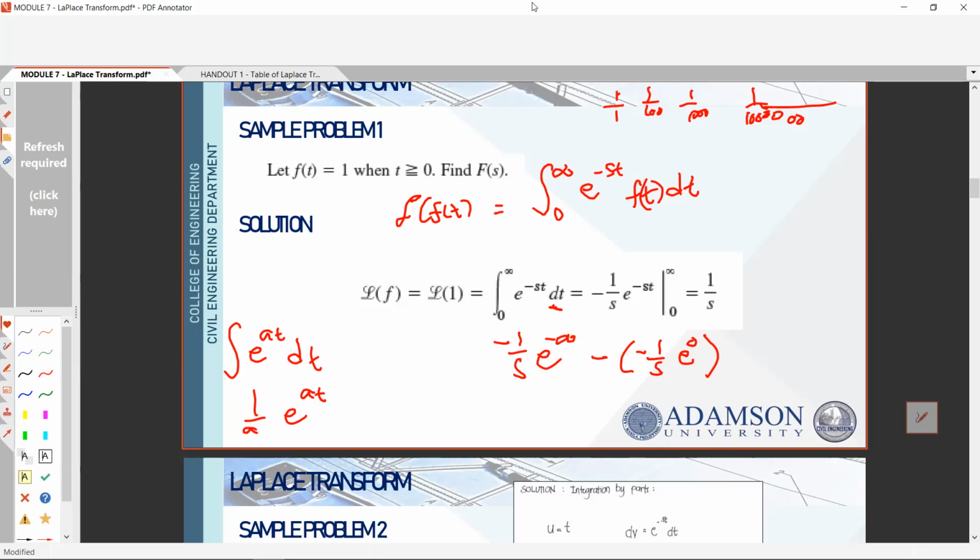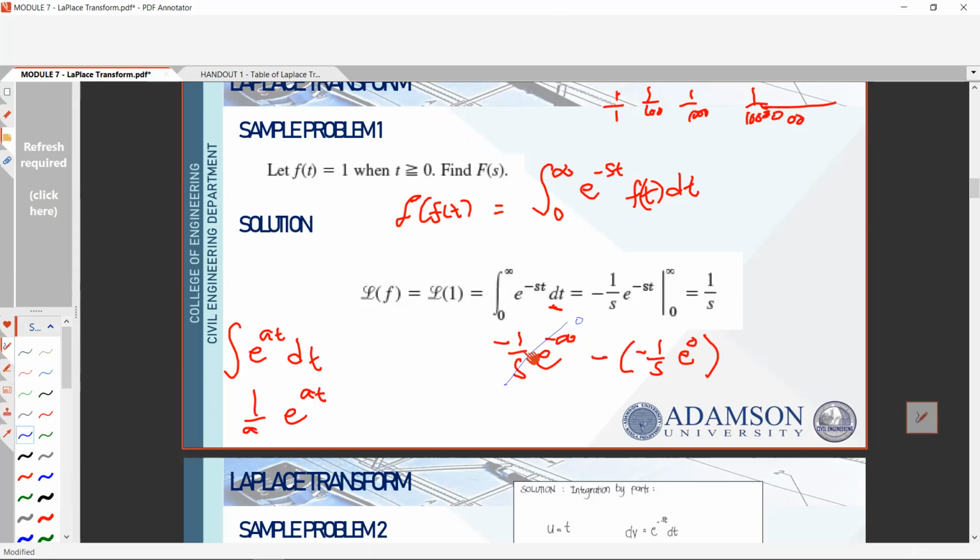Therefore, we can say that this term is approaching to 0. Any number divided by a very large number is 0.